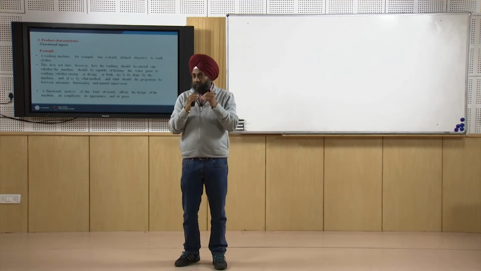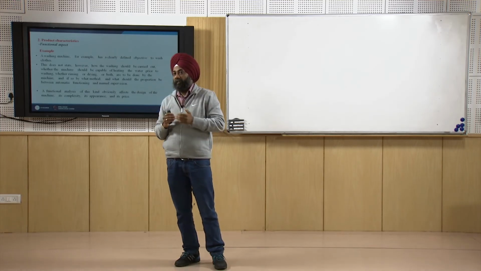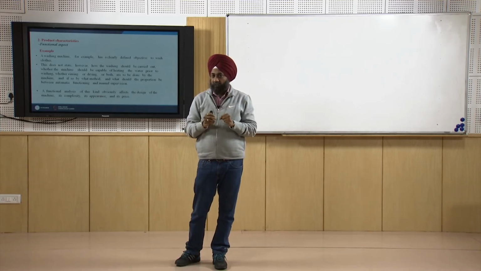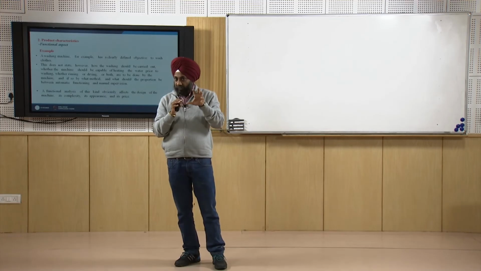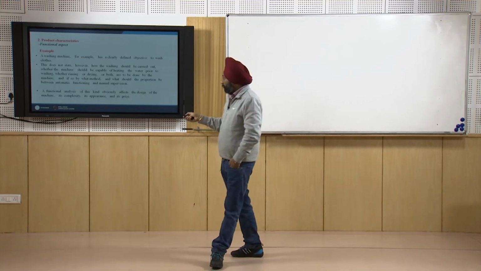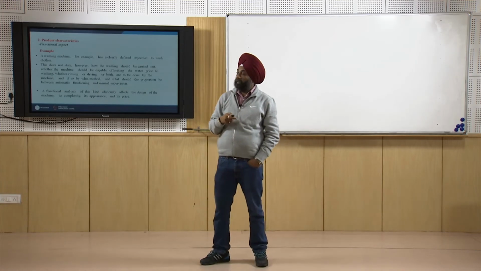Why? Because we have to use our engineering skills to map these functional requirements of the customer. The customer may give us 10 functional requirements. We have to use the skills to map our engineering design with the functional requirements of the customer. So the functional characteristics of any product therefore become very, very important.